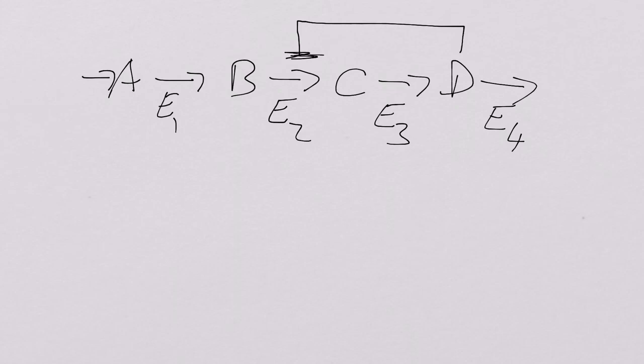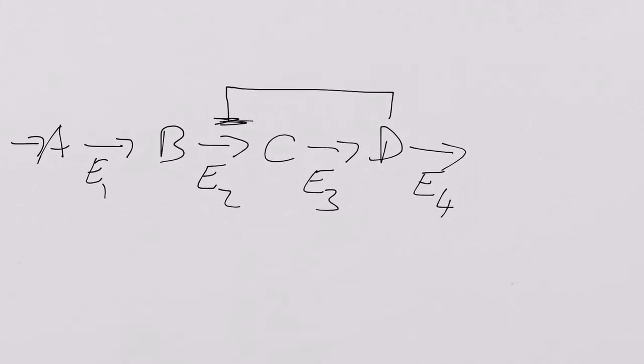So what would happen in this case is that your rate constant, so 1, 2, 3, K4 prime, let's call that. K4 prime would be smaller than 0.